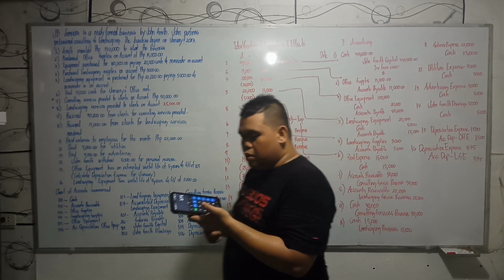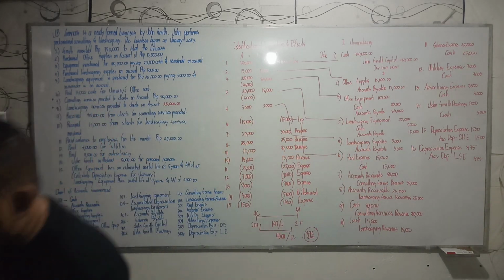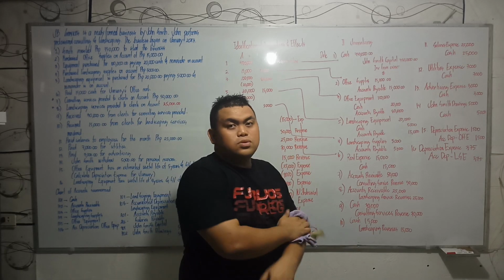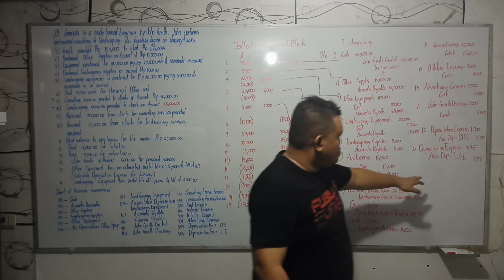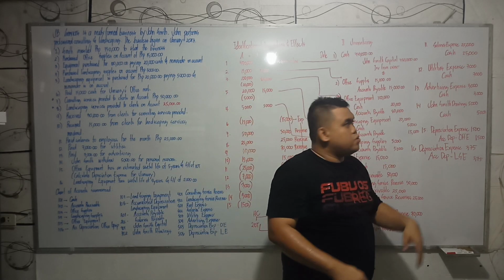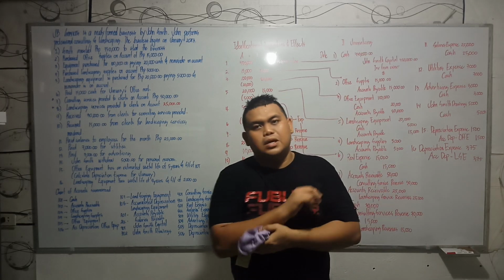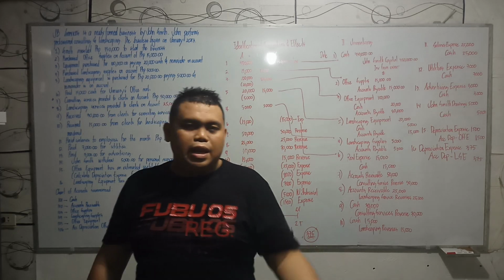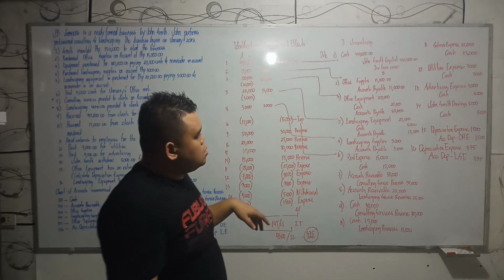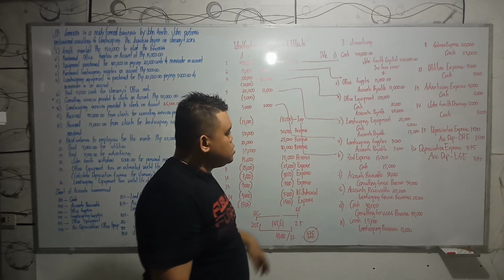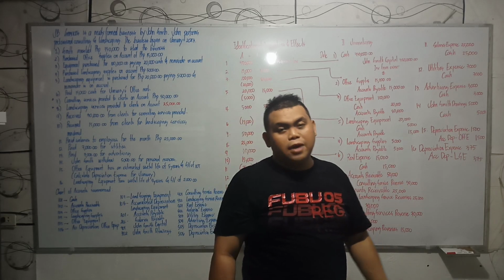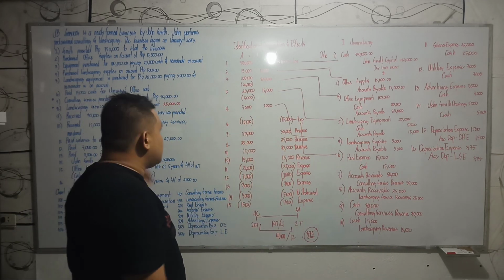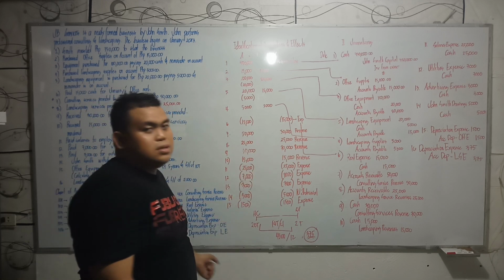But let me repeat and emphasize that when you make a journal entry, you should use the full account title, not like this. I'm only using this in order to economize the space. But when you make a journal entry in real life, or in our tests or the tests of your professors, you have to spell it out. Okay? So that's a review on the identification of transactions and the journal entries.